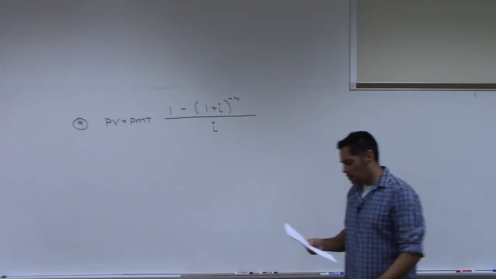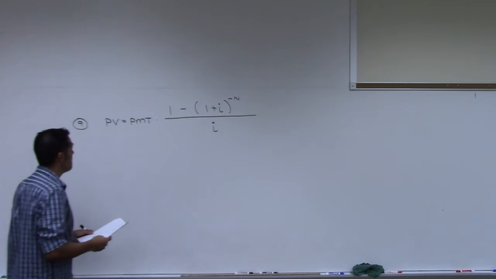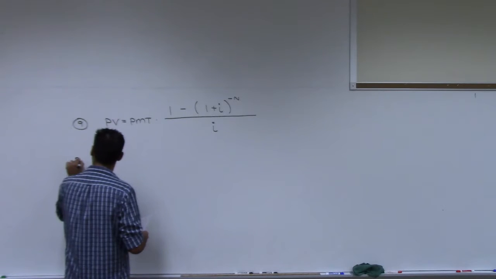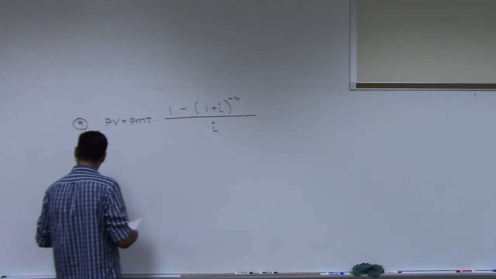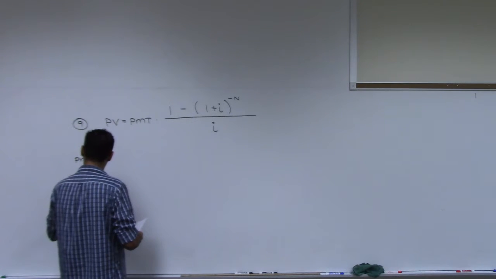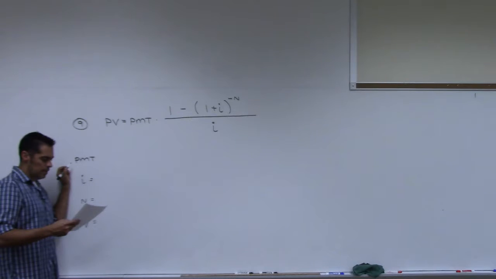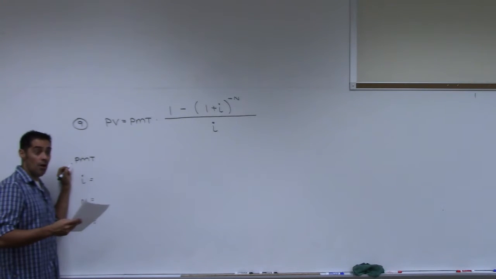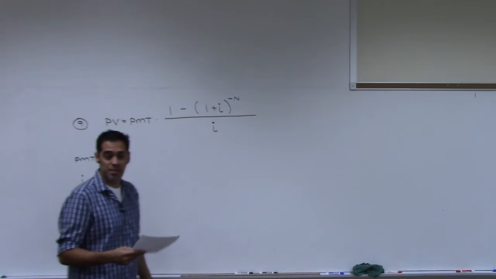So for 9, what do we know? Do we know the payment? Do we know I? Do we know n? Do we know the present value? We don't know payment, or we do? You want to be able to withdraw, right? You're paying yourself, exactly. So your payment is $2,000.